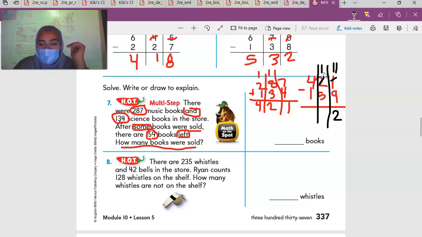Yes, you borrow from the hundreds place. So this 4 in the hundreds place, you're taking 100 away from 4, and that 4 becomes 3, and now you're adding this 100 that you brought over to the tens, and it becomes 11. 11 take away 5 is, and 3 take away 1 is, what's your answer?